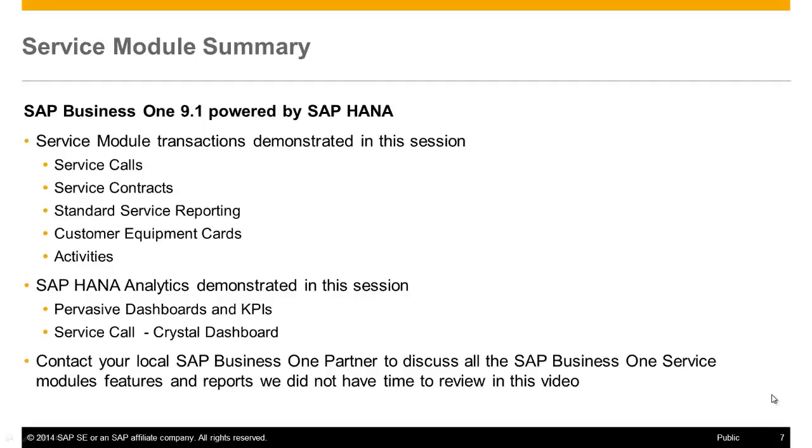We watched as Sophie and Caroline of the OEC Service Department use SAP Business One to address the following service transactions and reports: service calls, service contracts, standard service module reports, customer equipment card, activities, and custom and delivered service management analytics. We saw how the power of SAP HANA Analytics can be tailored and put to use by end users like Caroline and Sophie.